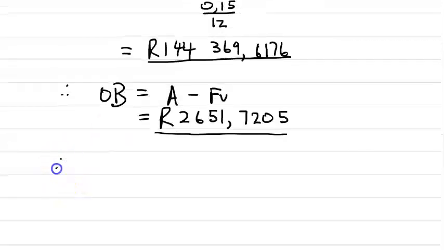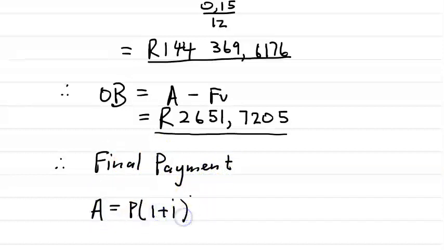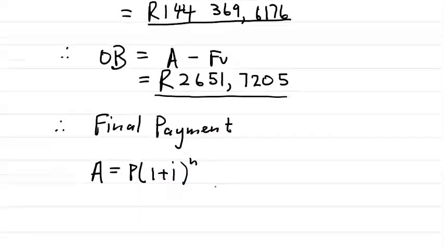Therefore, to calculate the final payment, we have to add one month's interest. So the final payment is going to be A equals P into 1 plus i to the n, and we're going to add the interest for 1 month.